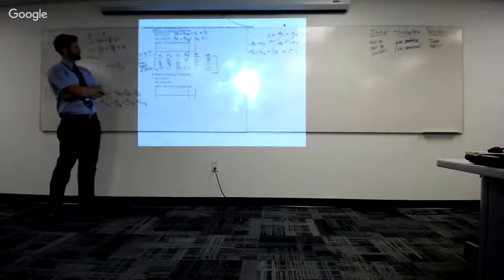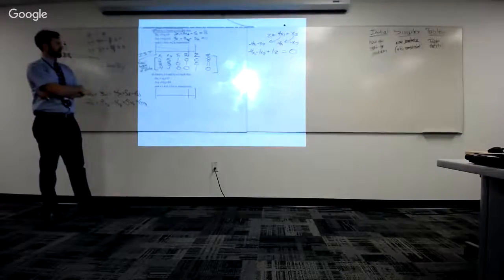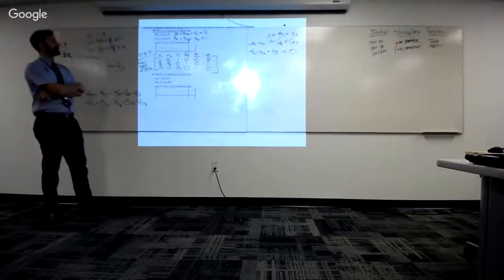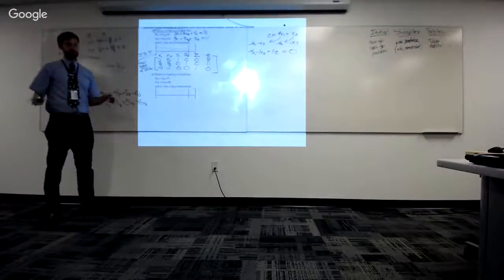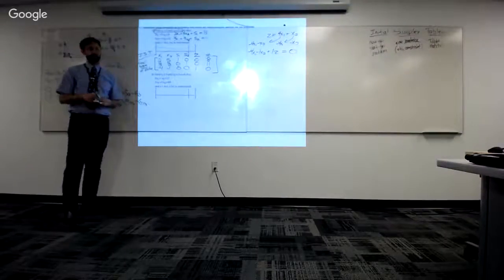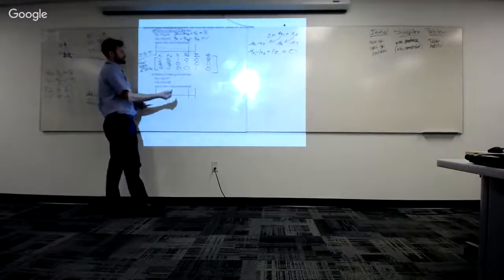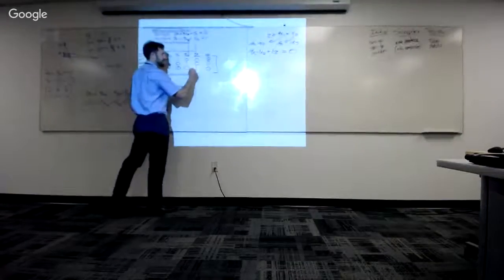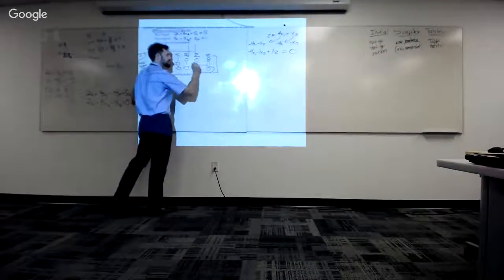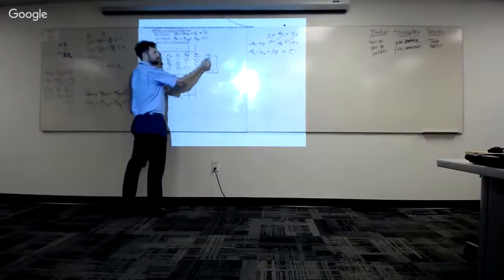Okay, so there's our initial simplex tableau. Our goal is to make the whole bottom row positive. And when we do that, let's predict a little bit into the future about what will happen. When we're all done making that bottom row positive, you're going to have this right here, z equals a number.